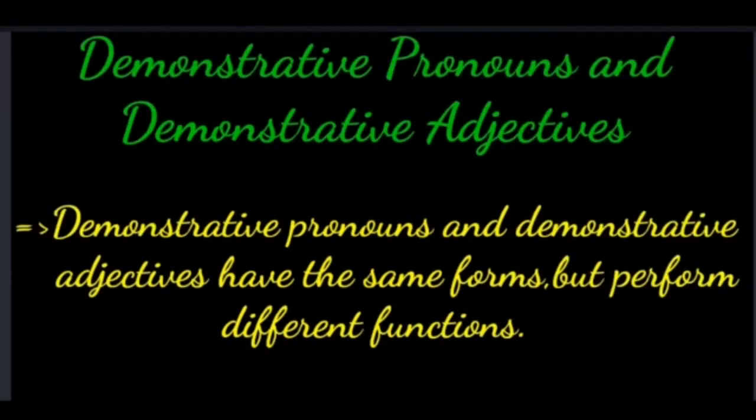Then demonstrative pronouns and demonstrative adjectives. Children, do you know the difference between demonstrative pronouns and demonstrative adjectives? Let me explain. Demonstrative pronouns and demonstrative adjectives have the same forms but perform different functions.